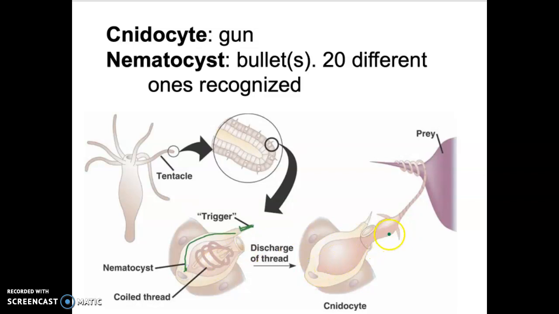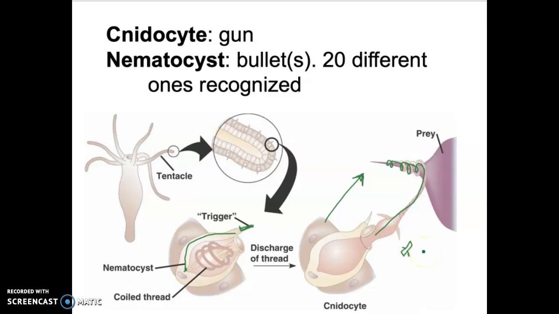So you can see over here the nematocyst has been discharged. This one's a sticky thread. So it discharges and this little thread coils around whatever prey has touched it. Other nematocysts come out and they look like little harpoons where they will actually spear into the prey. Others, different shapes for their harpoons, different types of bullets.